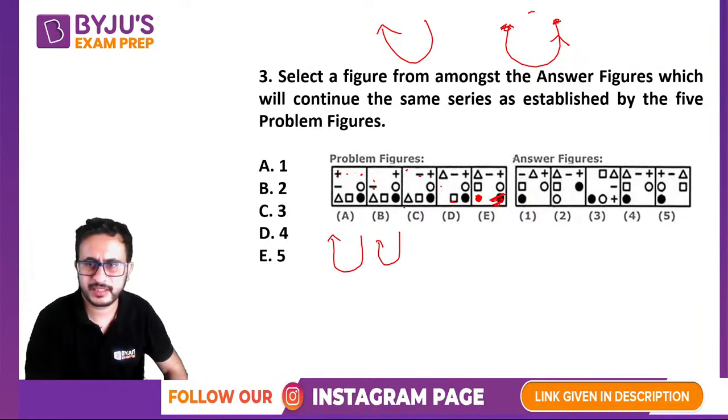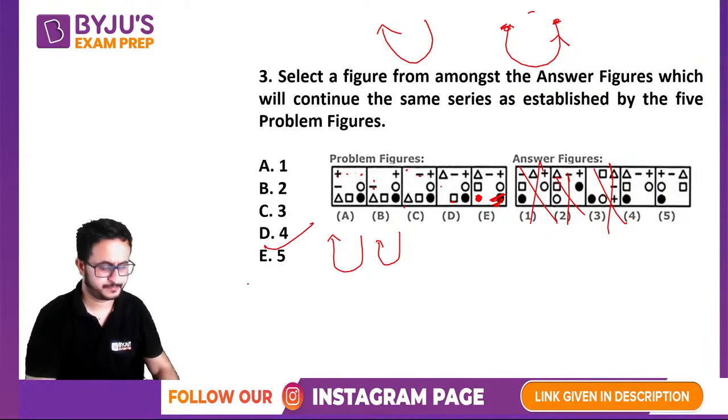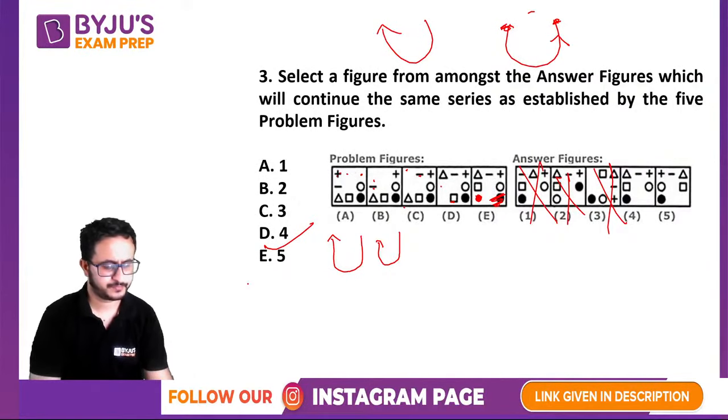And that will look like this: black circle, and then square, then triangle. So let's just eliminate; this will be the last one, black circle, this is a square, triangle, then this minus shape, plus shape, and the white circle. So that is option D. Again, it is just about observation.